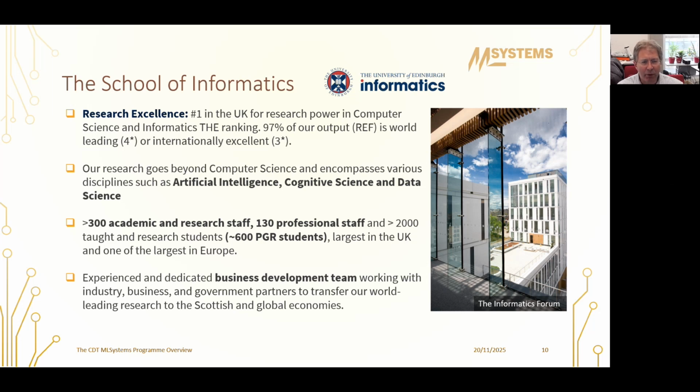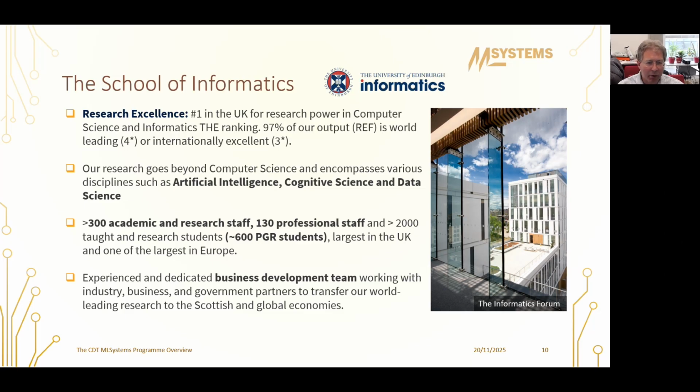It's a fairly broad department, so it goes beyond a narrow idea of computer science and encompasses very wide areas of artificial intelligence, cognitive science, data science, as well as computational neuroscience, and a lot of language modeling or language understanding as well.